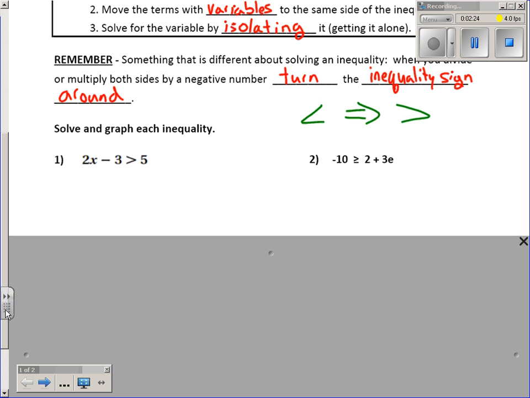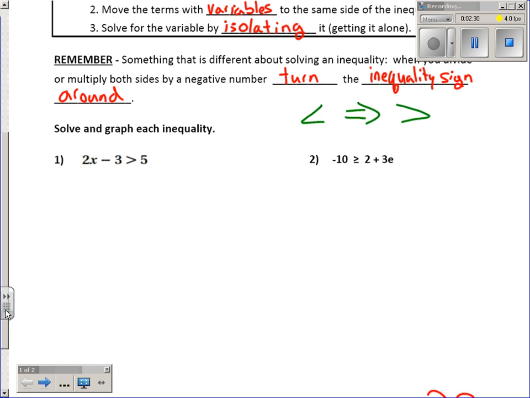First example we have up here. We don't have to do step 1 because there are no like terms on one side. We don't have to do step 2 because there are no variables on both sides. So we just do step 3. We solve for the variable. Now the subtraction is further away from the variable than the multiplication, so we get rid of the subtraction first.